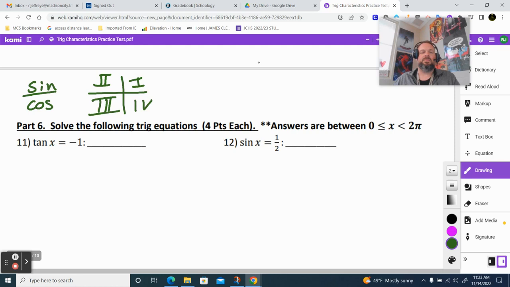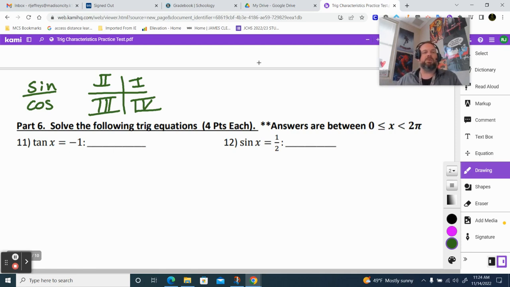Now, huh? All right. So, what could it be? What's the only one on the unit circle where sine and cosine are exactly the same values? Yeah, it's the pi over 4s, right?